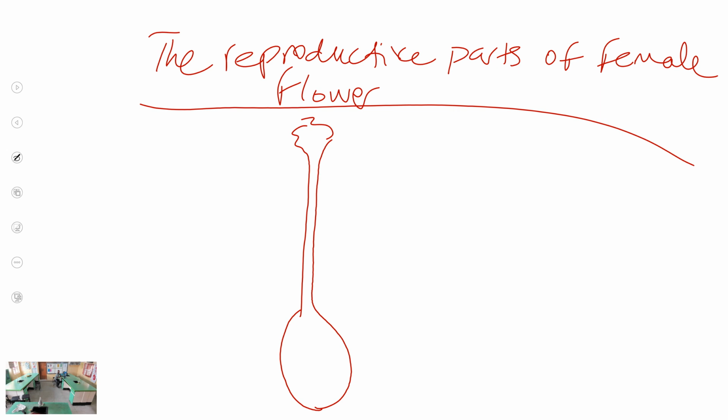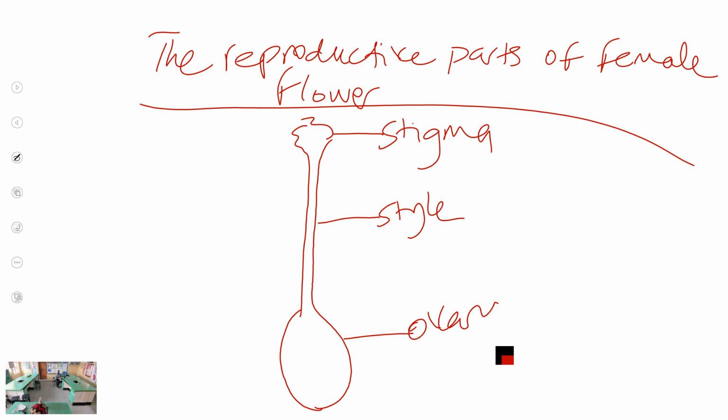You can be asked to draw the female reproductive part of a flower, which consists of the stigma, the style, the ovary. Inside the ovary, we have the female gamete, which is called the ovule.